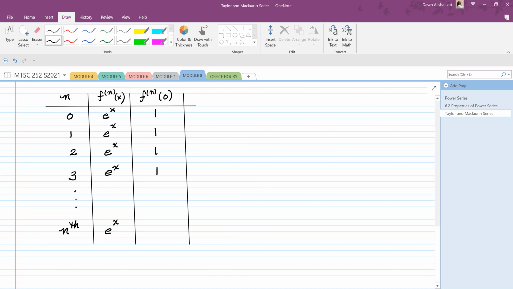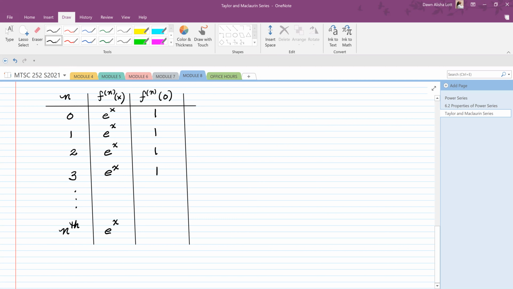Okay, new example. One of my favorites, f of x is going to be equal to 1 over x.